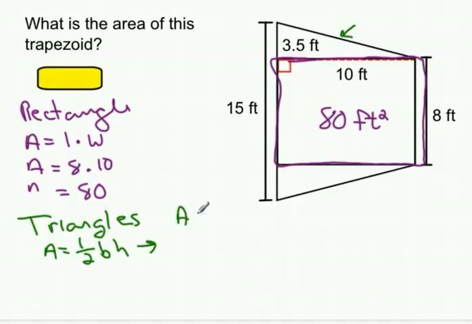So our area for our triangles will be, I'm just going to go with a base of 10 because it's convenient, it's right there, and then I can use 3.5 as my height.